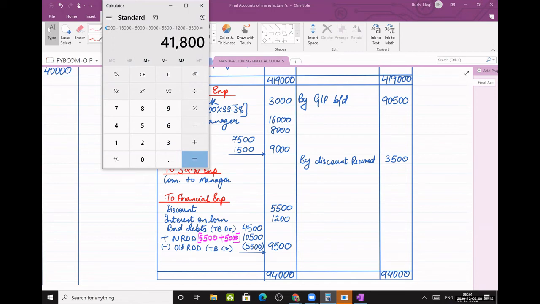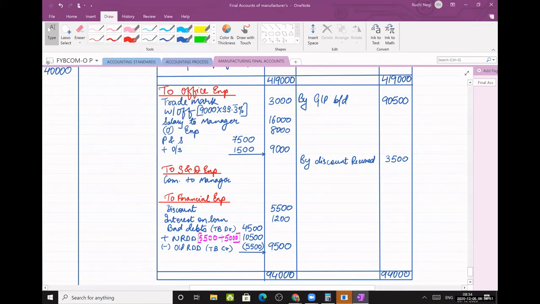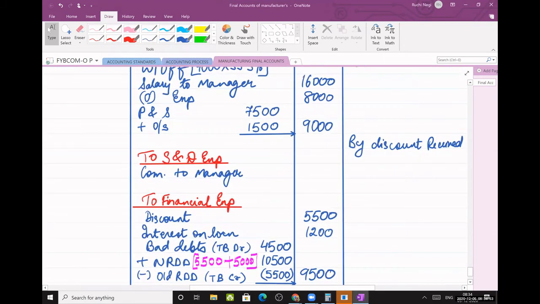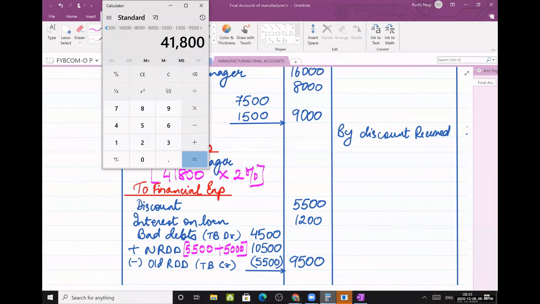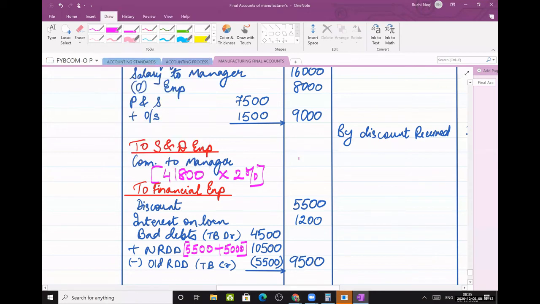41,800. Okay. And now you have to pay commission also to him. How much is it? 2%. Okay, so you will pay commission on this balance 41,800. Fine. So I'm writing it here. 2% of 41,800. Okay. ₹836.